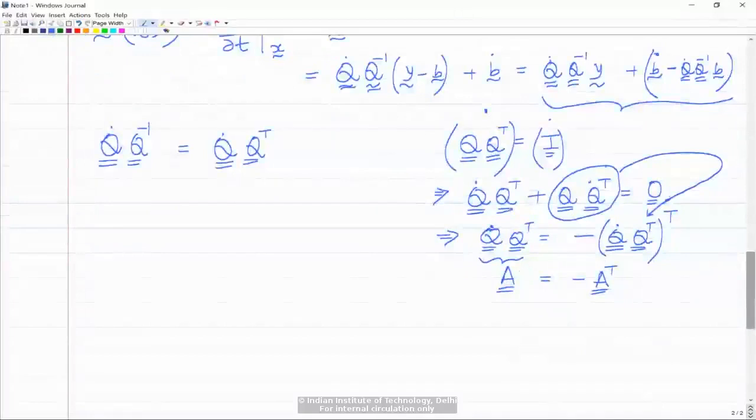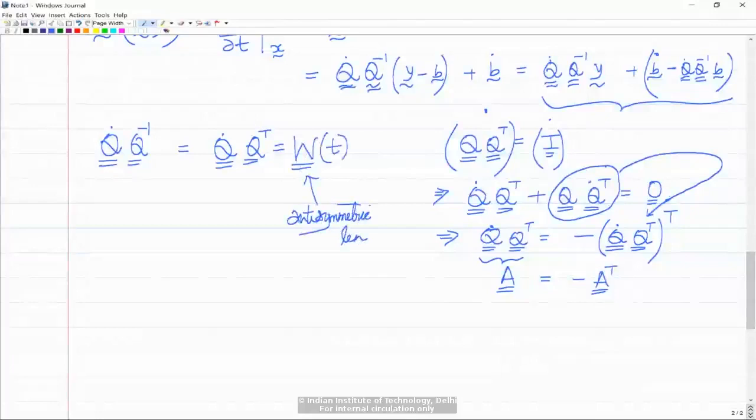So that's the property of this q dot q transpose. So this is an antisymmetric tensor, and let us call this by W. And of course, it's a function of time.